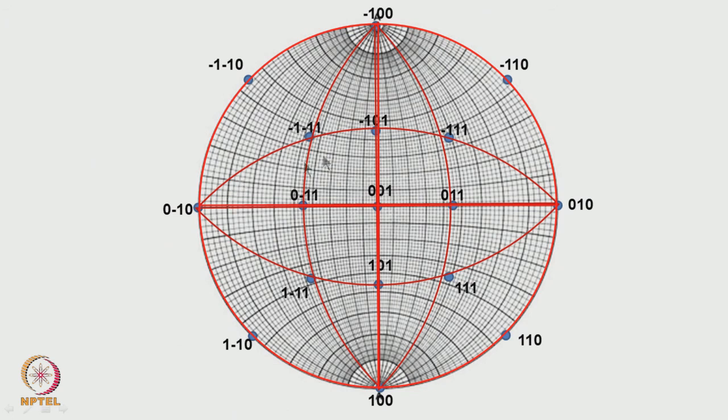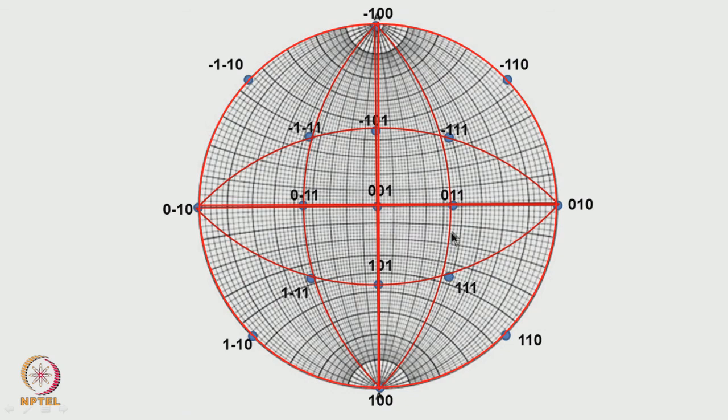So we can draw a great circle corresponding to it, and we know from the angular relationship that corresponding to 011, all the poles which make an angle of 90 degrees will be lying on these longitudes. Okay. Then if we know the angle between these planes, since they are lying on the longitude, we can mark those points. This way we can mark all the points corresponding to it.